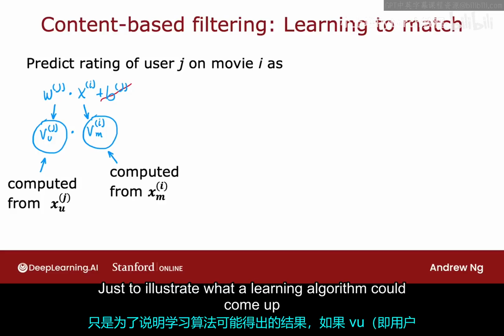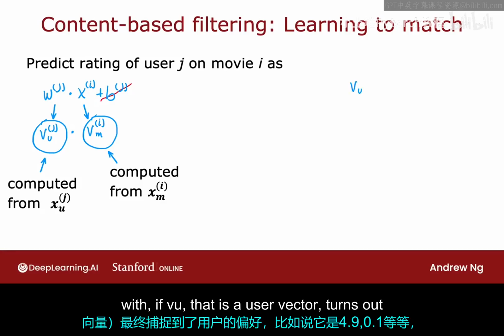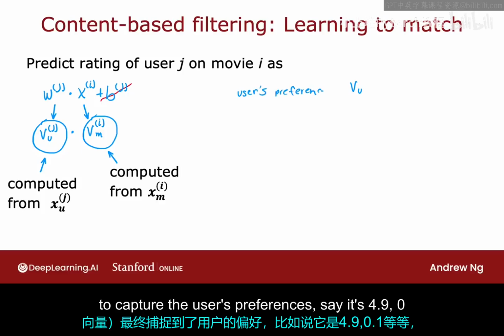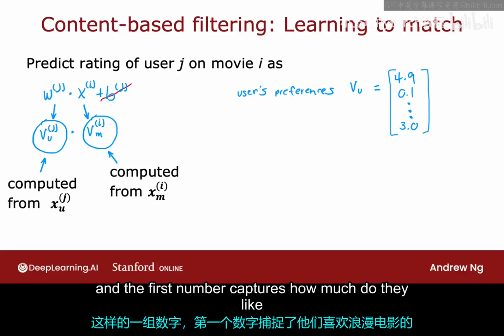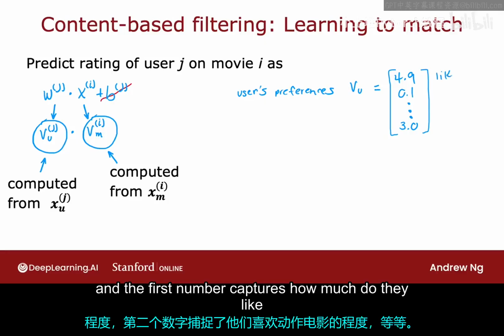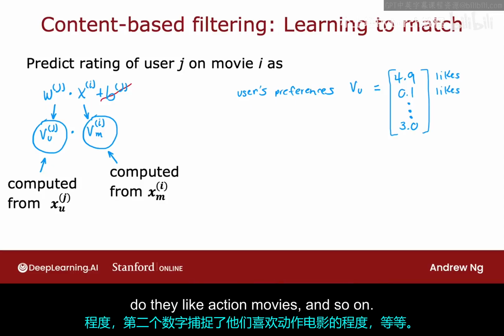Just to illustrate what a learning algorithm could come up with, if VU, that is a user vector, turns out to capture the user's preferences, say is 4.9, 0.1, and so on, a list of numbers like that. And the first number captures how much they like romance movies. And then the second number captures how much they like action movies, and so on.